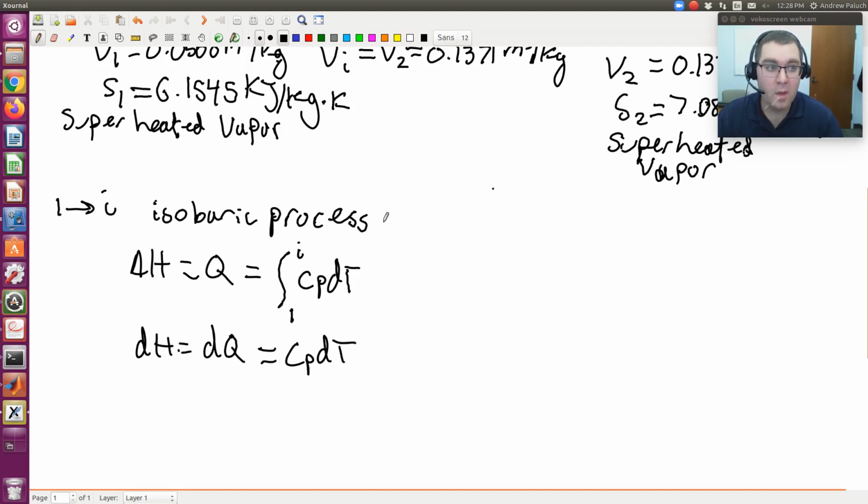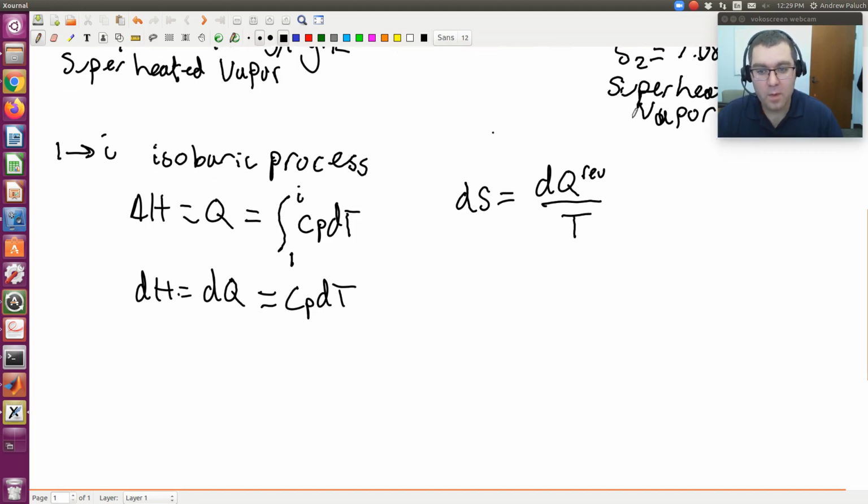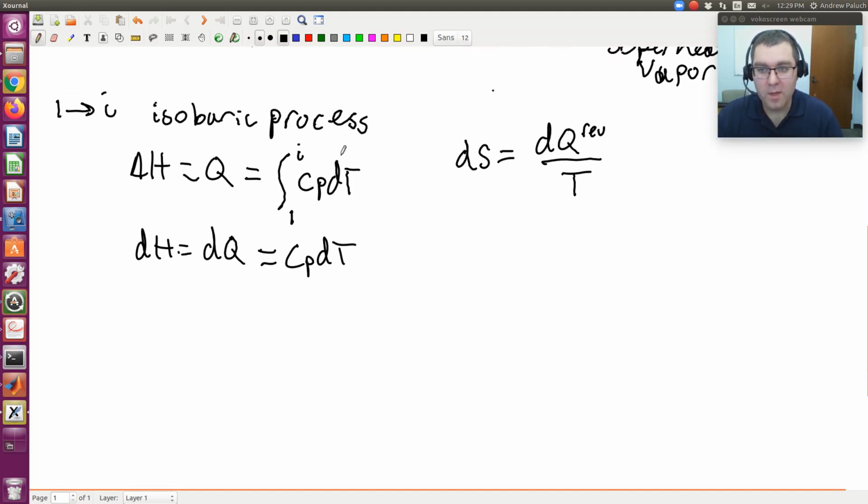So my definition of entropy is that dS is equal to dq reversible over T. For my isobaric process, dq is dH, which is Cp dT, so it's going to be Cp over T dT.